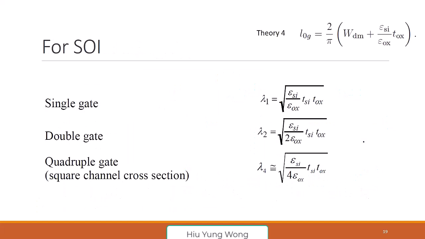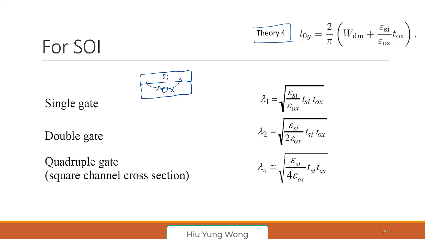Okay, if not, then we also have other theory. We look at theory 4 as a comparison, but this is just for SOI, silicon on insulator. We will discuss more later. Basically, you have a very thin layer of silicon on top and then put the oxide on the bottom so that there will be no current flowing through this oxide.